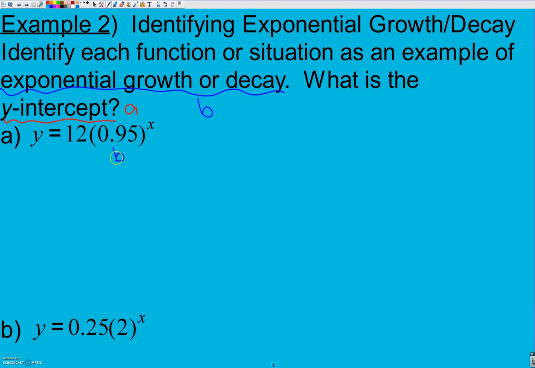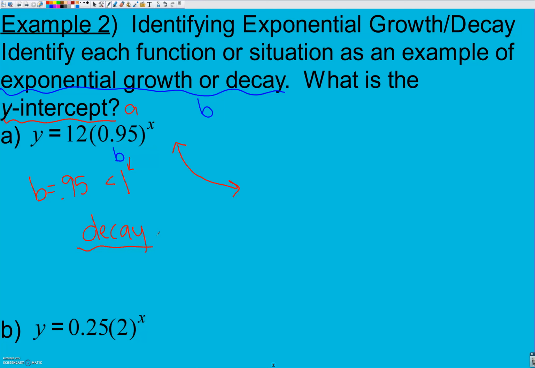So our b value here is 0.95, which is less than 1. So this is going to be decay. It's going to go down as we go from left to right. Because our b is less than 1, it's decay.